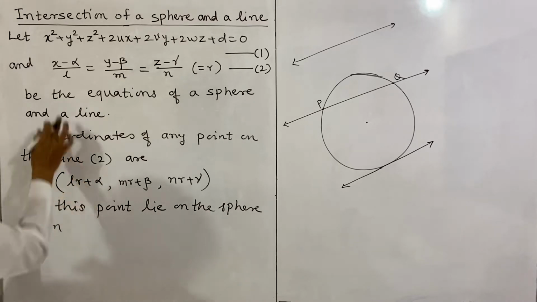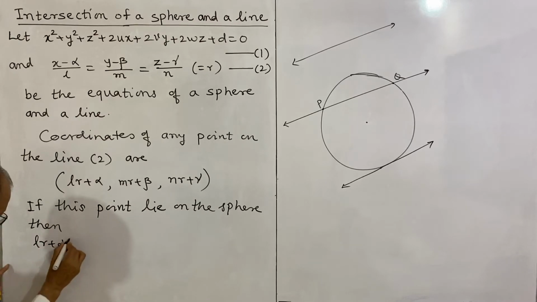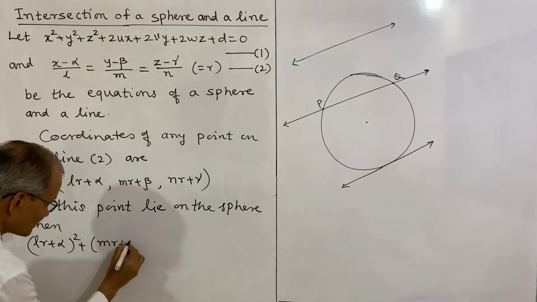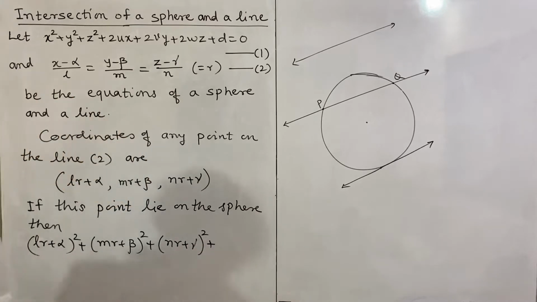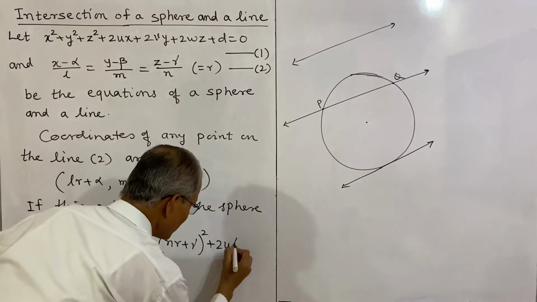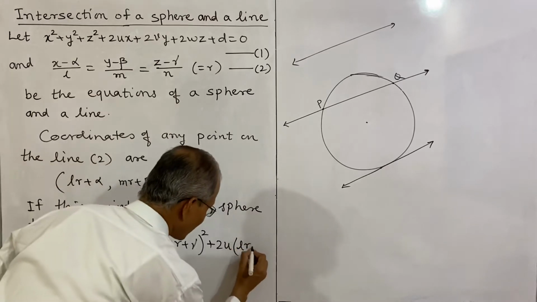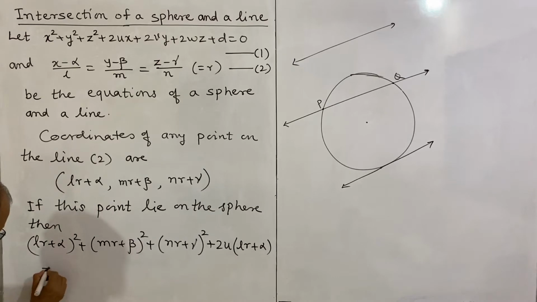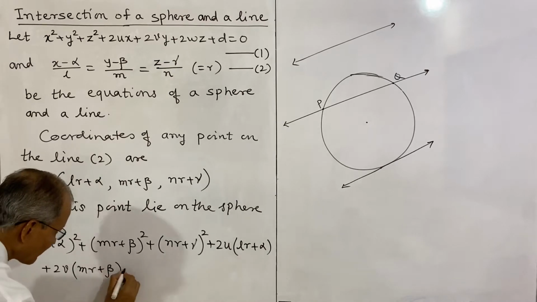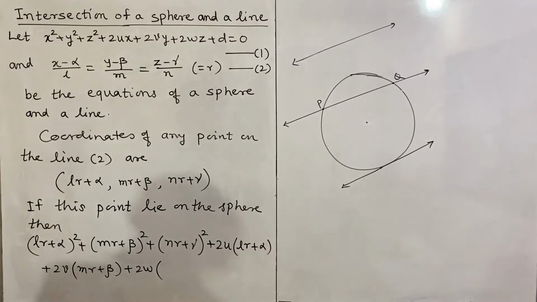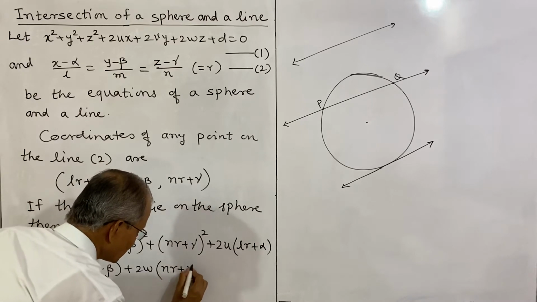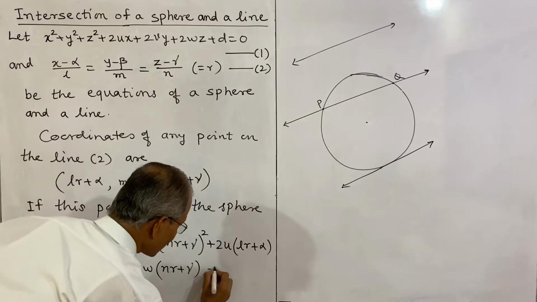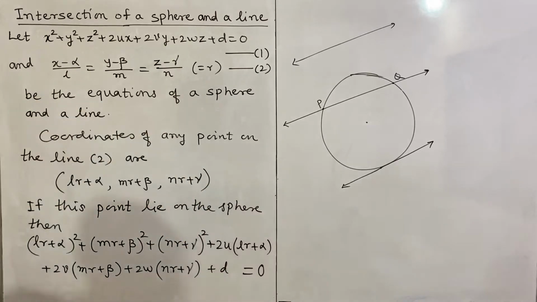Then we will have (lr plus alpha) whole square plus (mr plus beta) square, etc. Next is plus 2u into x, that is 2u, x is lr plus alpha, and plus 2v into y, y is mr plus beta, plus 2w, and z is nr plus gamma, and plus d is equal to 0. So this is equal to 0, and we shall simplify this.